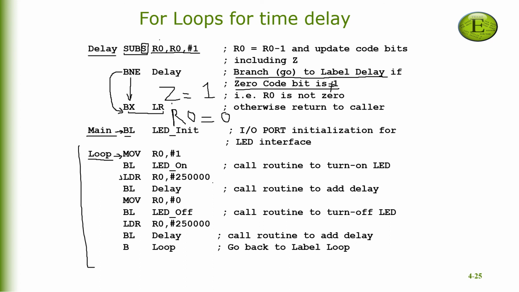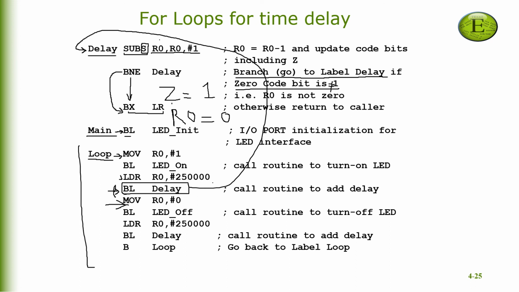So once that is done, we return to the next instruction over here, the instruction after this BL delay, because this instruction took the program counter to execute this routine.